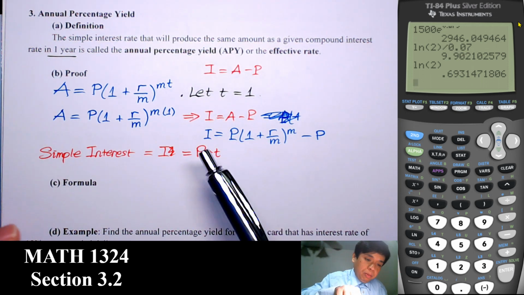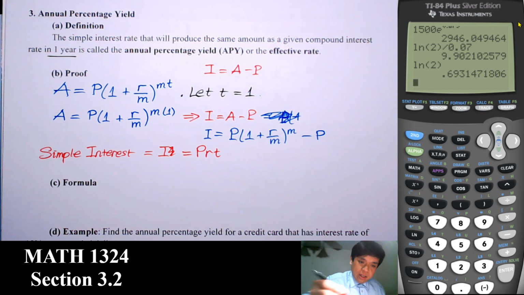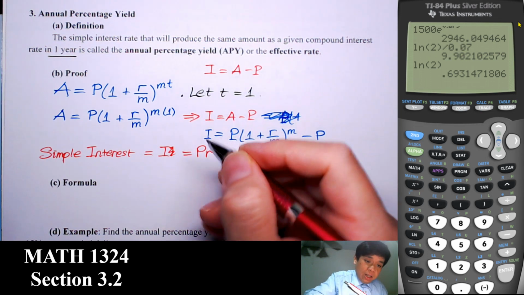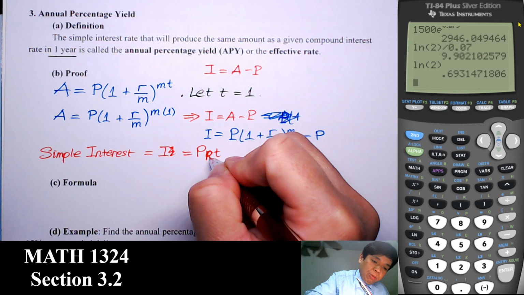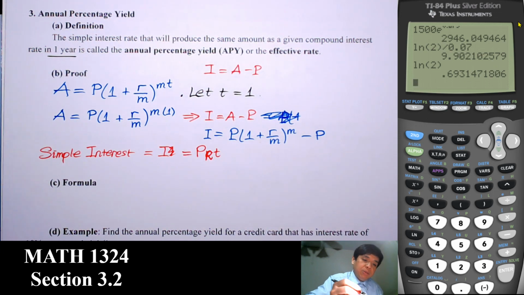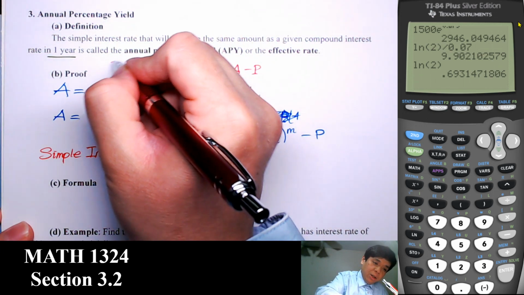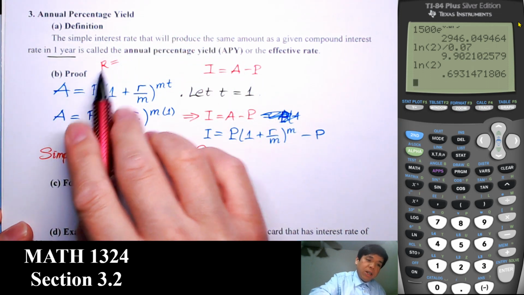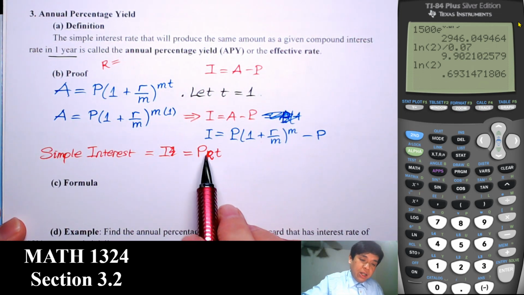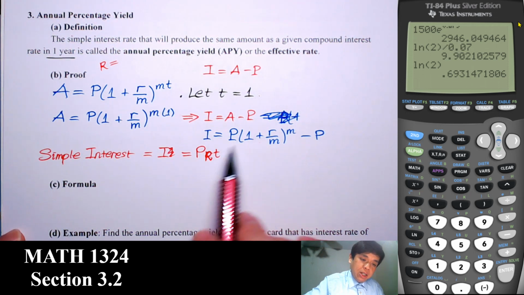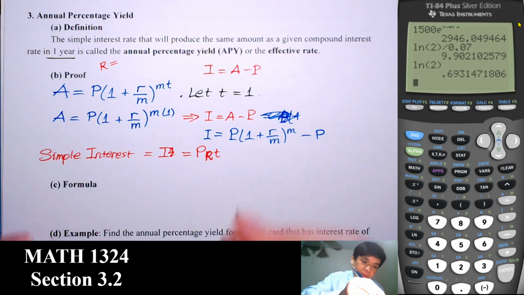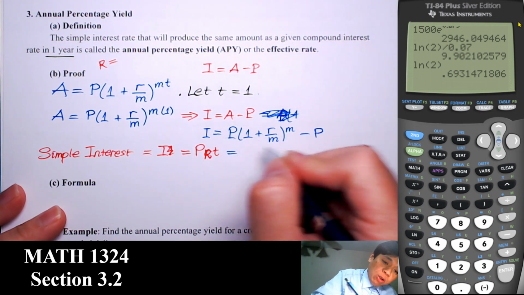So we're going to set PRT equal to this, and this R is of course different than that r. This R is what we're trying to find, so let's say that capital R here is equal to the interest rate, that is the annual percentage yield, the rate of the simple interest that would have the same effect as this. So we let each of these interests equal each other, and we factor out the P.